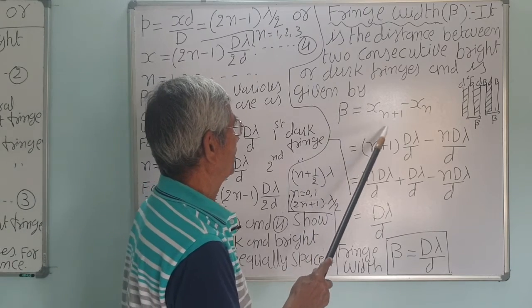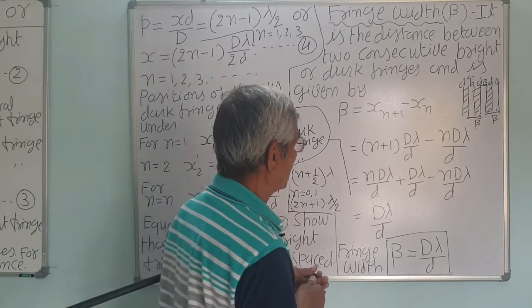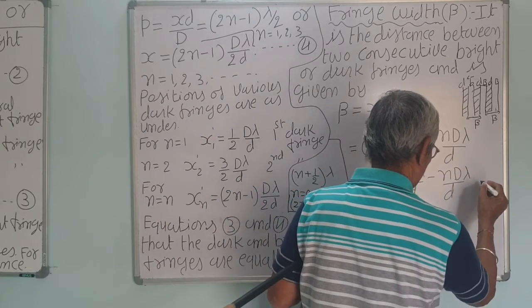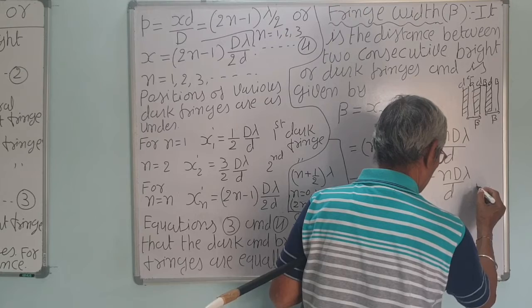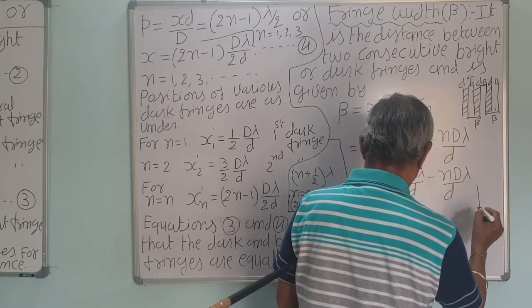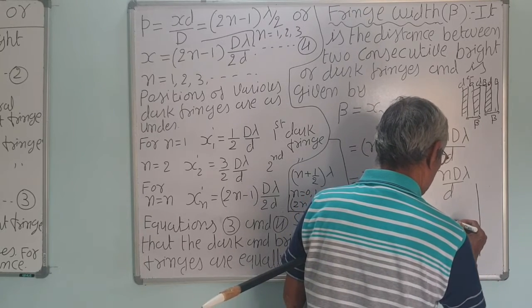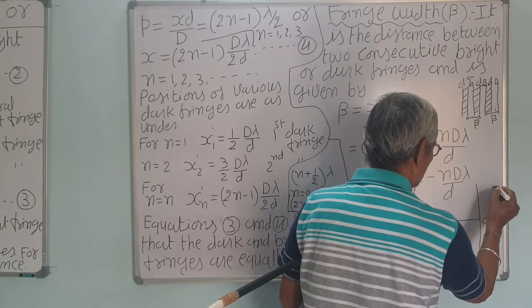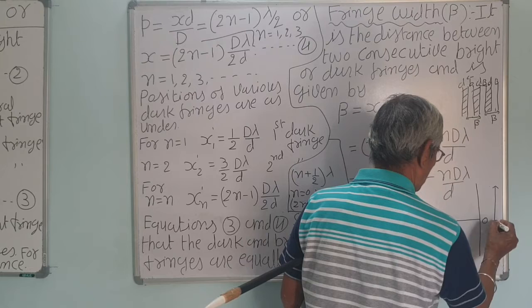beta is equal to, say, x n. Say this is a screen, consider this is a central fringe, say O, correct. We call this distance x.